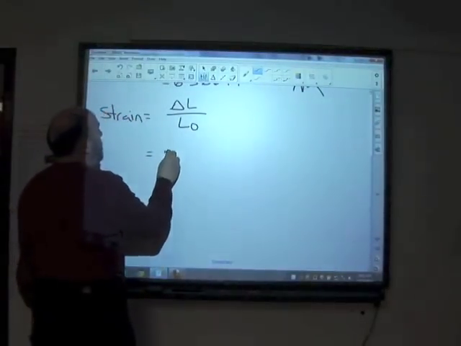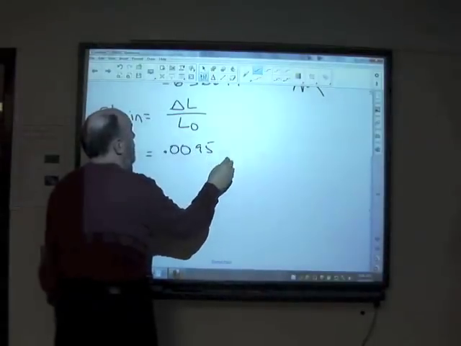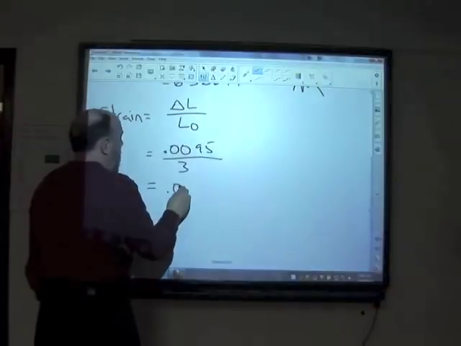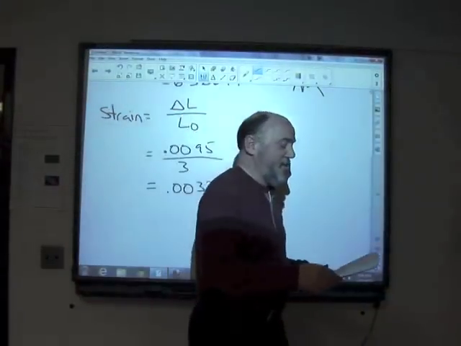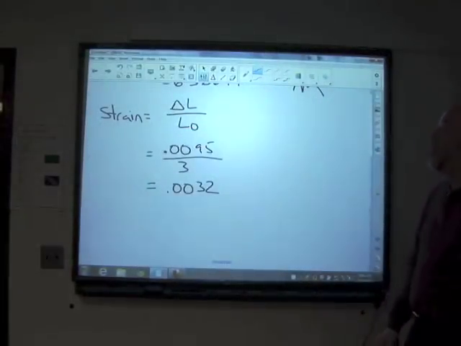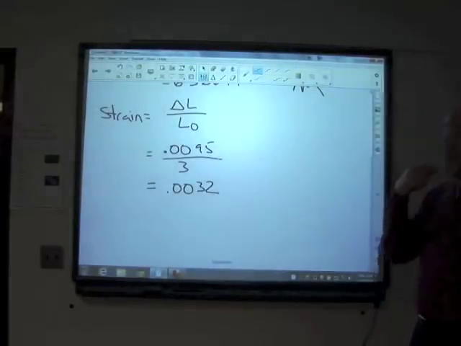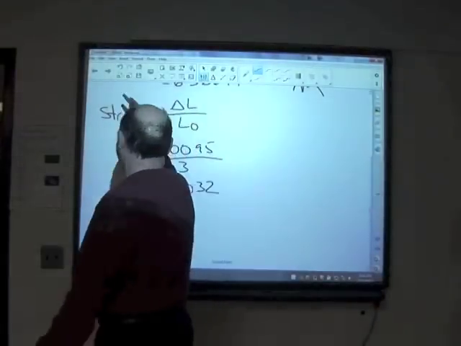So here we get 0.0095 divided by 3, and this comes out to be 0.0032. So that number is just the ratio as to what's going on. Okay? So we have stress and strain, and we can figure out the change in length of a piece of wire.